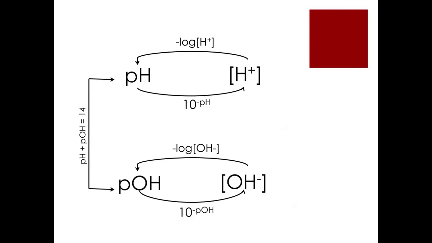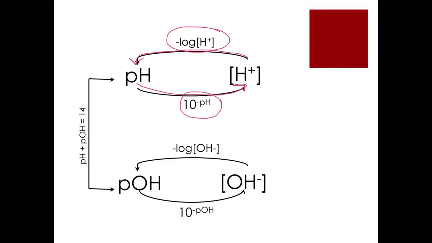So in summary, in order to get from the H plus concentration to the pH, we take the negative log of the H plus concentration. In order to get from pH to H plus concentration, we do 10 to the negative pH.